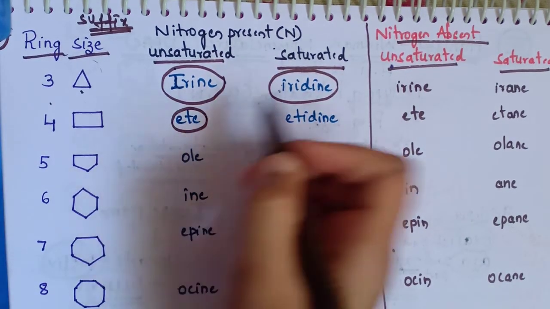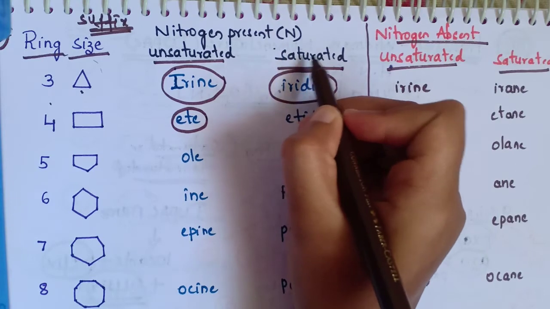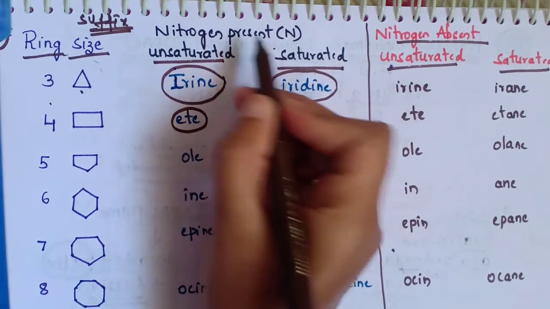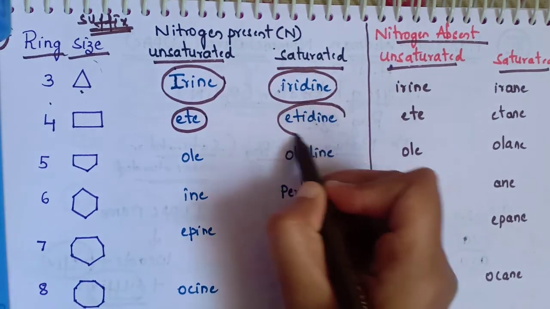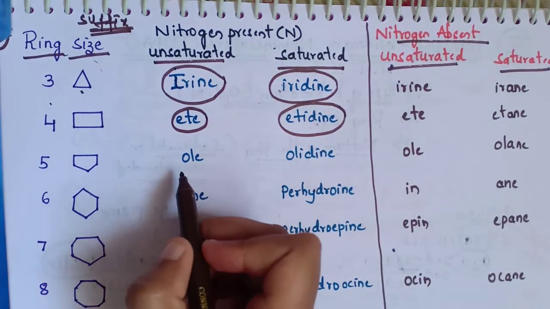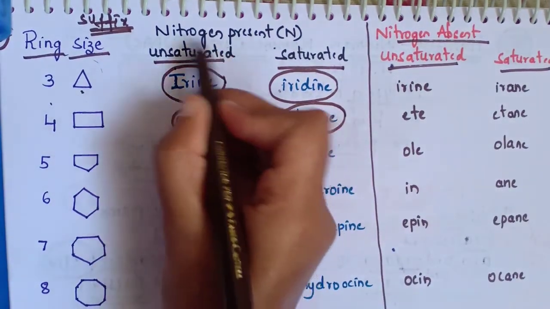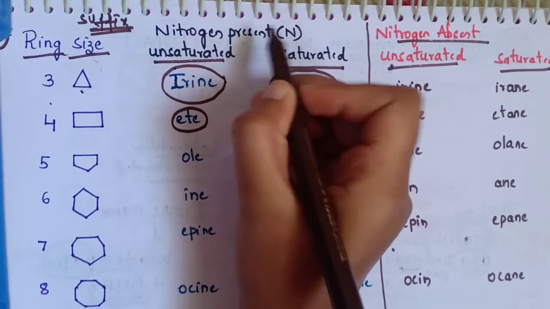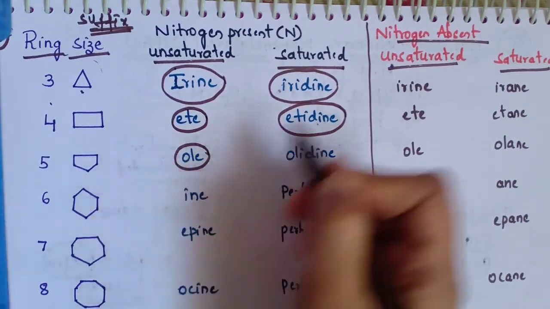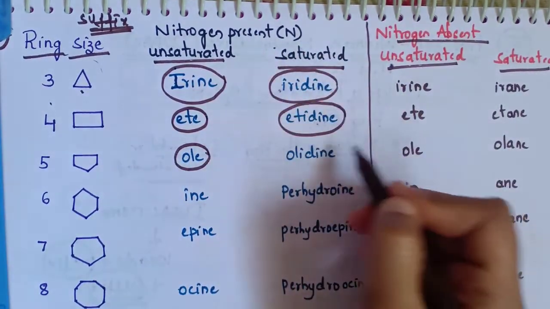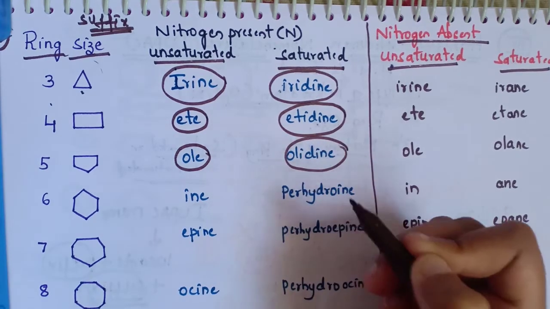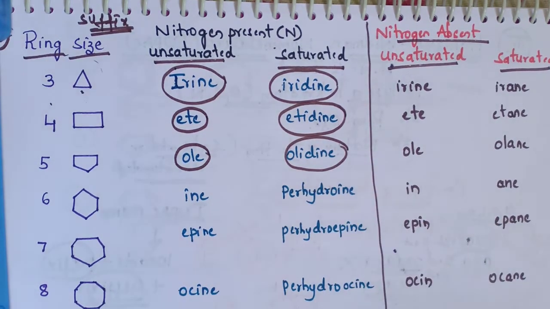If saturated along with nitrogen, we call it etidine. Next is ole: if unsaturated with nitrogen, it is called ole, and for the saturated compound it is called olidine. These are very, very important.